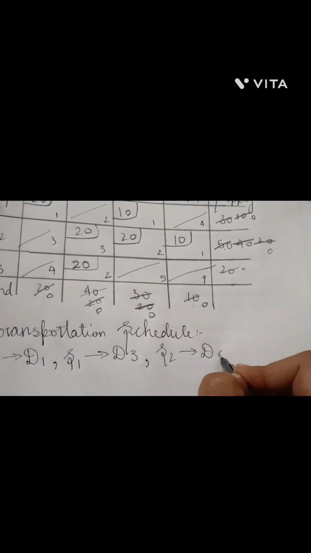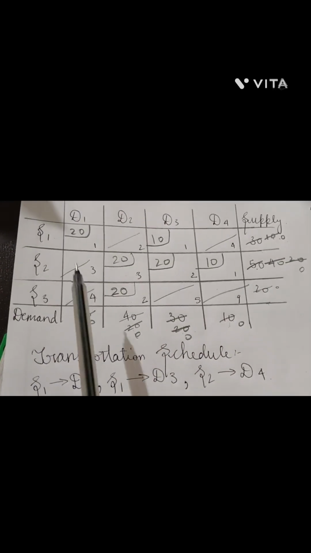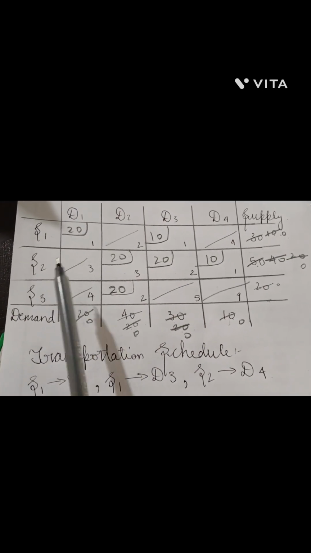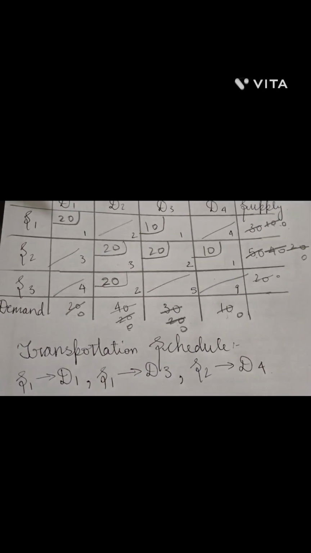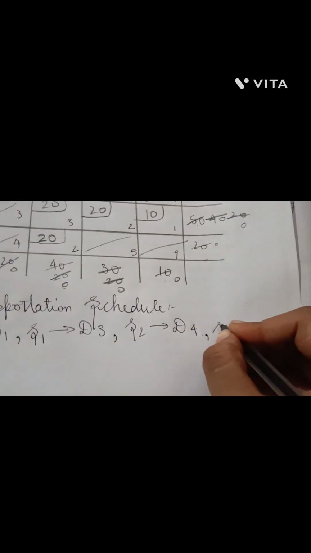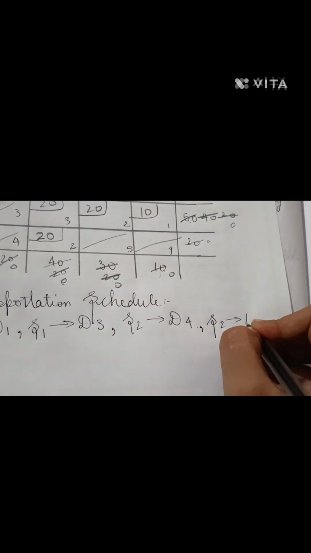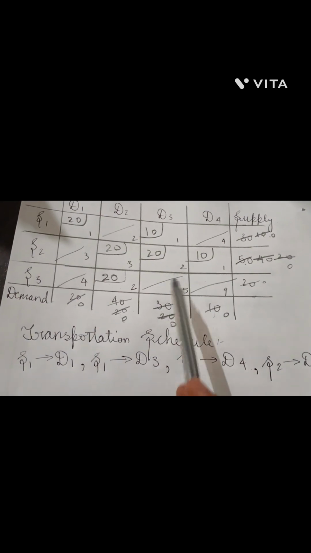S2 to D4. We must keep track of this while solving the sum as well. The third cell that we took is the S2 to D4 because this was the third least cost cell, and the fourth one is S2 to D3, this one.